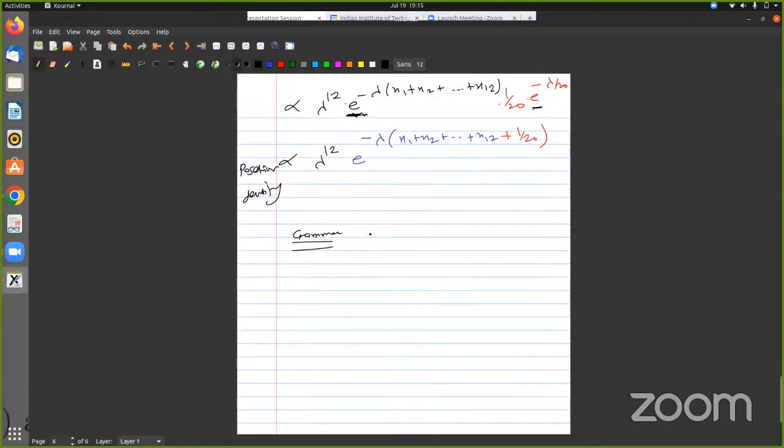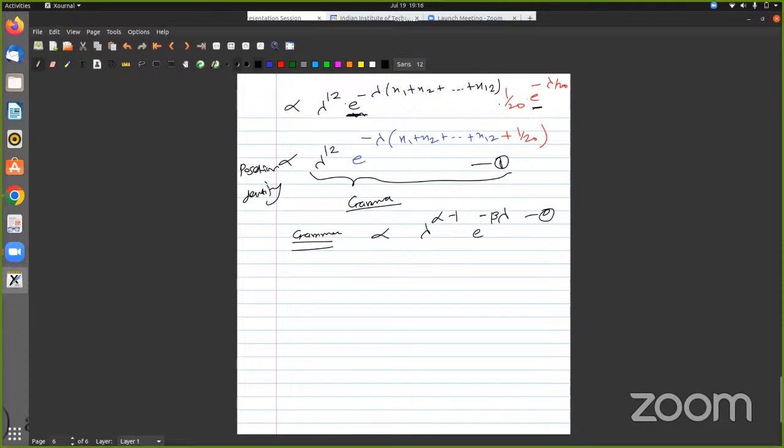So what is the density for gamma distribution? It is directly proportional to lambda to the power alpha minus 1 e to the power minus beta lambda. By analogy, this equation and this equation look like a gamma distribution, right? There is some gamma function also, but for now just look at this.